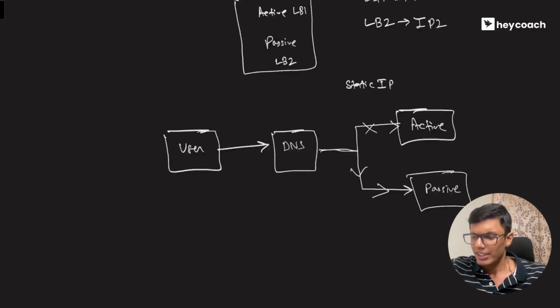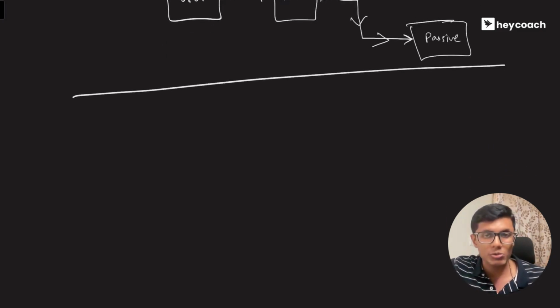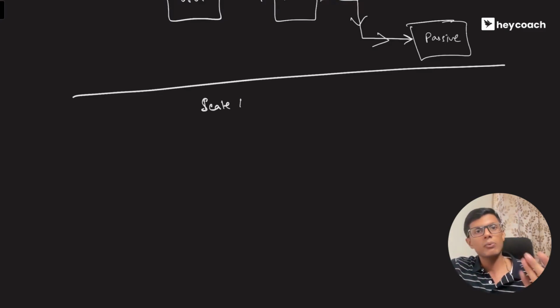Now, this is one way of scaling load balancers, where you run them in active-passive mode, but there are other ways of doing so. How do I scale load balancers? One way we have already discussed.